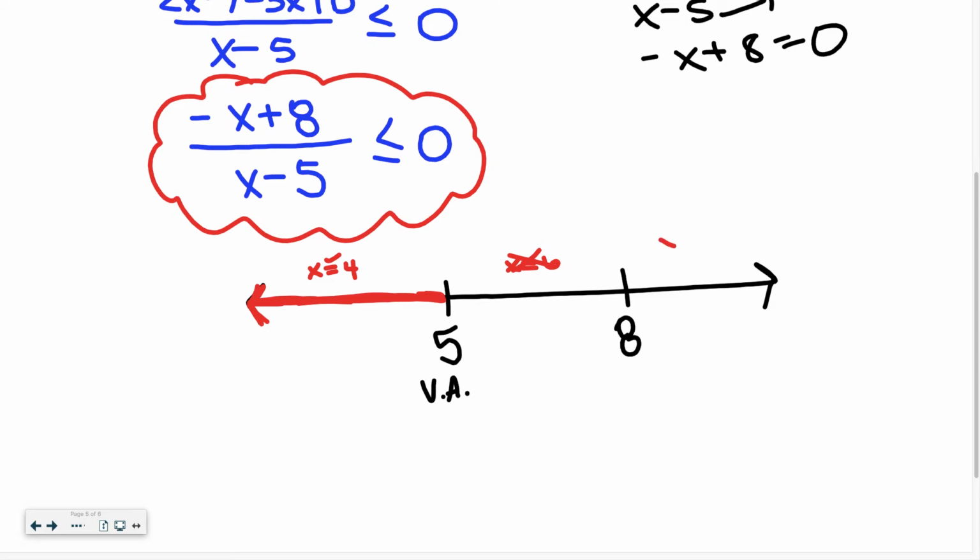Okay? And then above 8, like I said, it doesn't matter, just make sure it's easy to plug in. Negative 9 plus 8 would create a negative numerator. 9 minus 5 would create a positive denominator. So negative divided by a positive would make our whole fraction become negative, which is what we want.